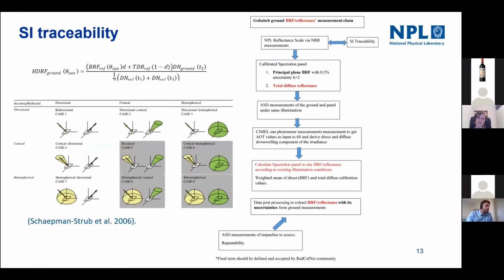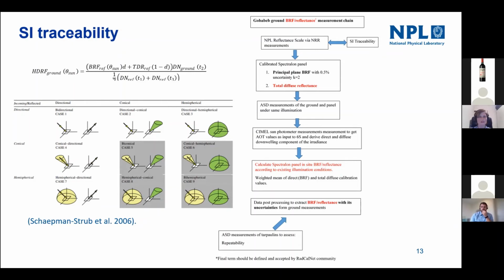And in terms of SI traceability, when we start to apply it for in situ application, in terms of reflectance scale, it's a little bit complicated, because with reflectance there is a little bit of mismatch between what we can do in the laboratory condition and what is really happening outside.